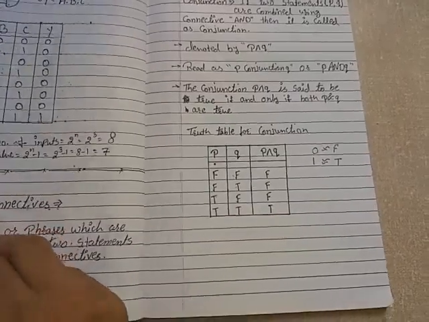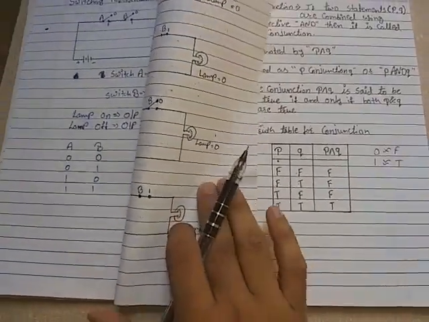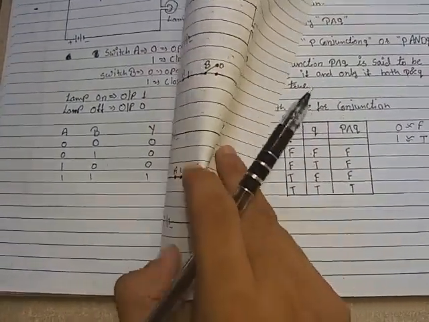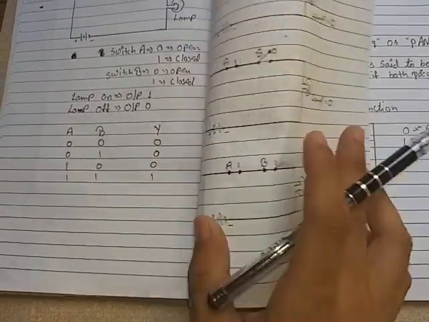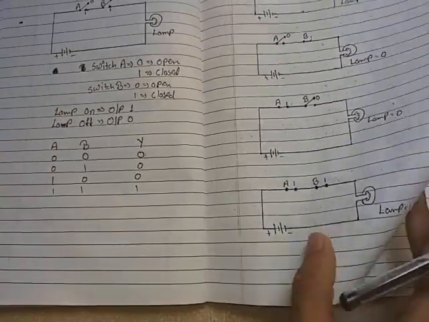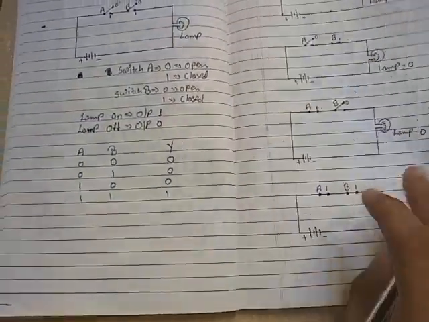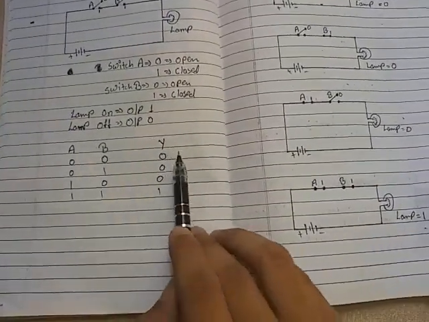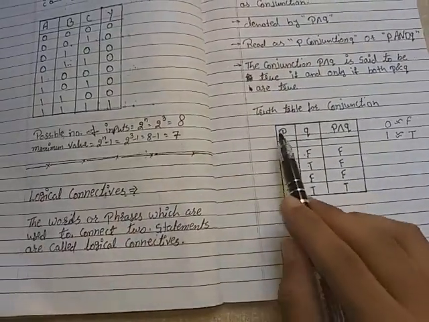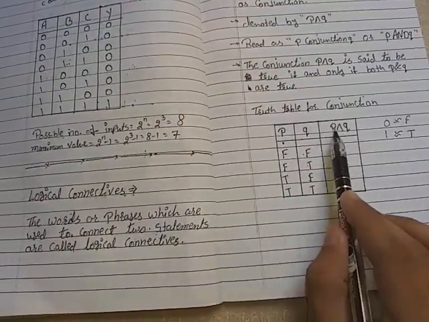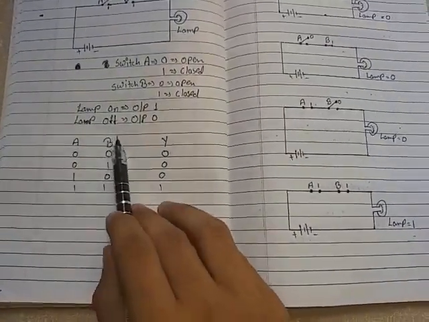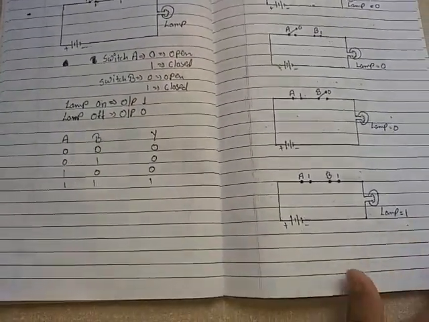Now if I compare the truth table of AND gate with p conjunction q, what do I get? Look here. When A is 0, B is 0, Y is 0. When p is F, q is F, p and q is F. When A is 0, B is 1, Y is 0.